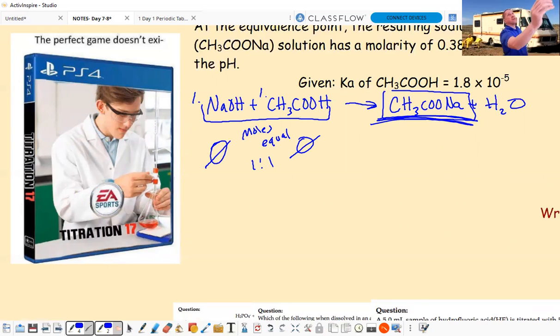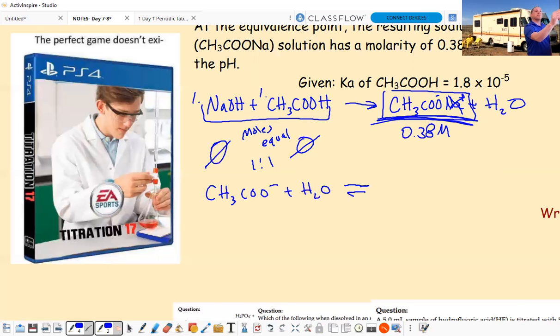Now, what's the concentration of this? Well, it says it's 0.38. Well, it's going to give us Na plus and CH3COO minus. Well, the Na plus is the conjugate acid of the strong base, so we don't use that one. So we use CH3COO minus, we add it to water, and we get an equilibrium. You get CH3COOH, and you get OH minus.